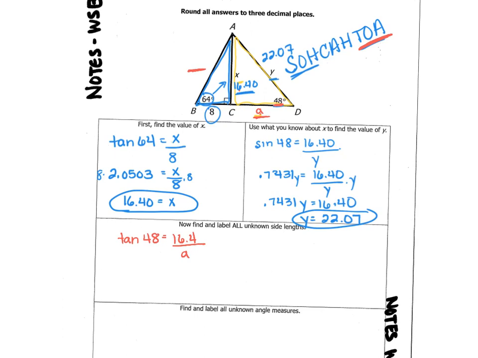Find the tangent of 48 degrees, which is 1.1106, equals 16.4 divided by a. Multiply both sides by a, and then divide. So that would be 16.4 divided by 1.1106. Therefore, a is 14.77.